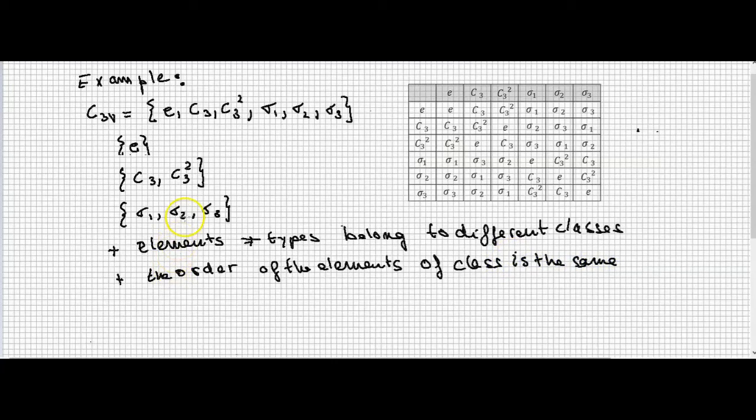So for example, for the class C3, C3 squared, both are of order 3. If I have C3 cube, this would give me the identity. If I take C3 squared cube, I will also get the identity. Now, sigma 1, sigma 2, and sigma 3 are all of order 2 here.